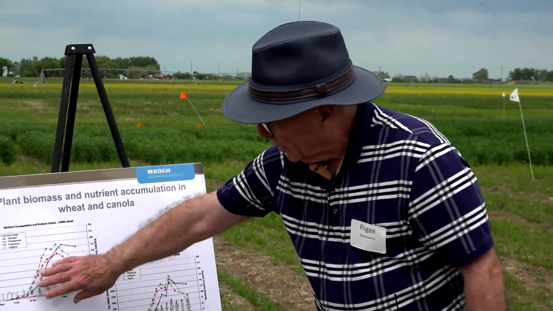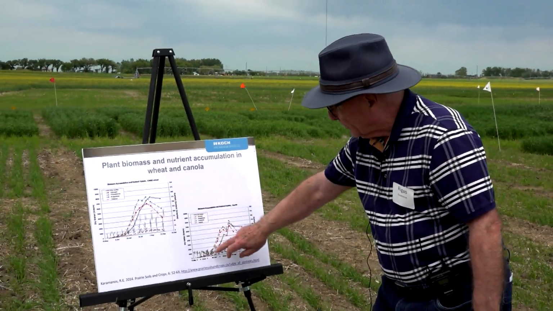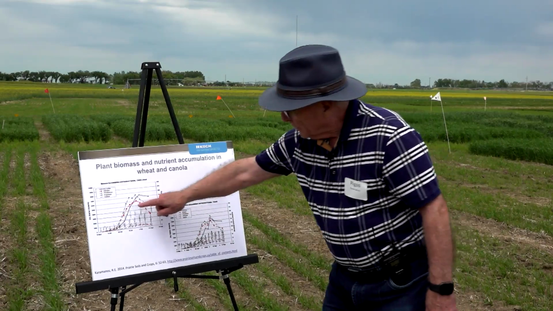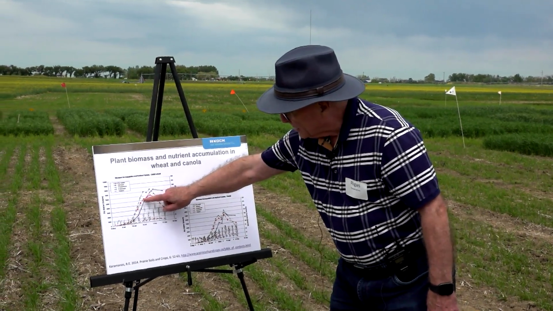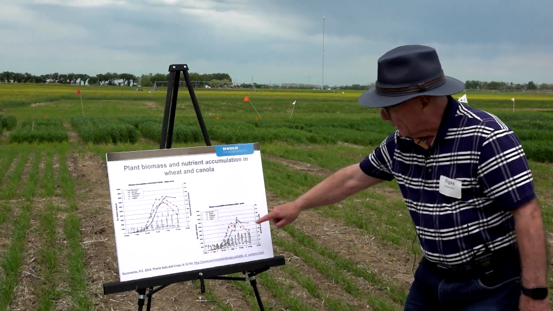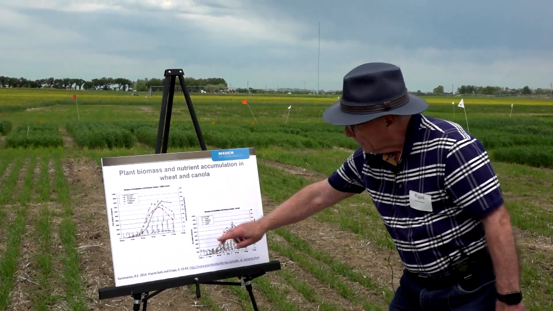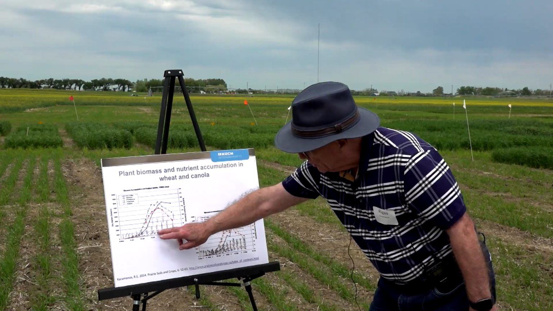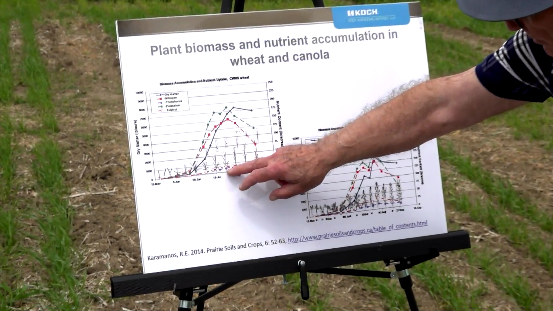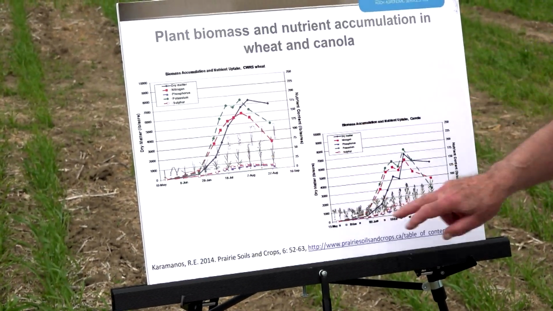This blue line represents the growth of the plant. The red line represents nitrogen, the green potassium, same thing here, red and green. And down here the blue and the red represent phosphorus and sulfur.